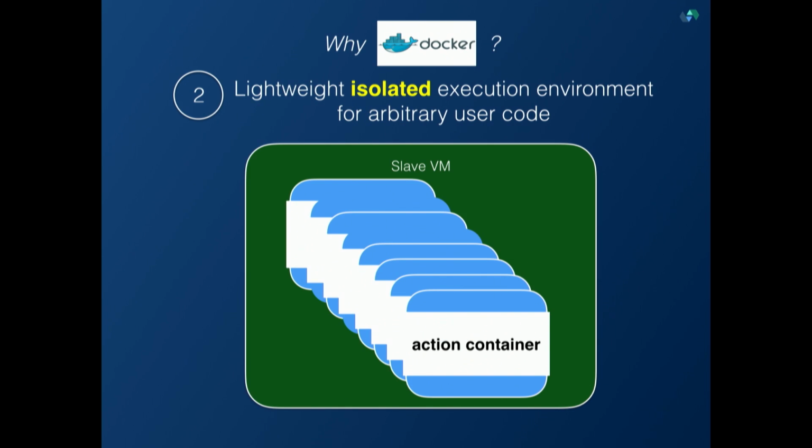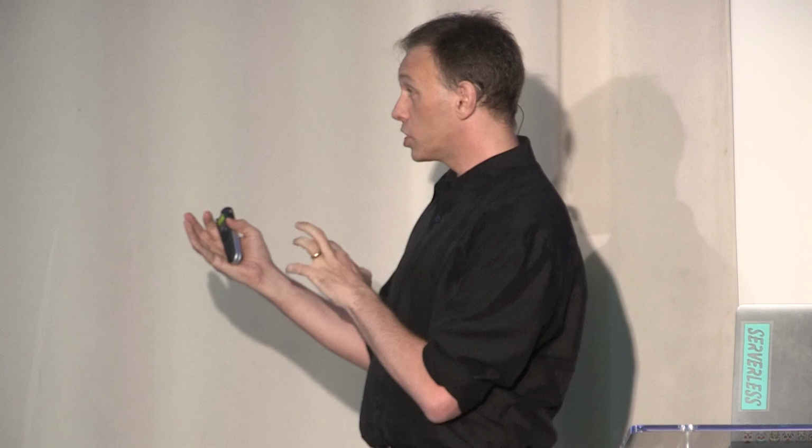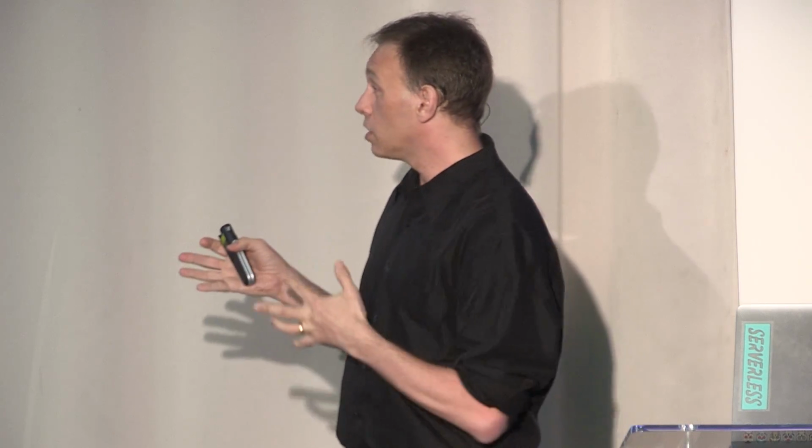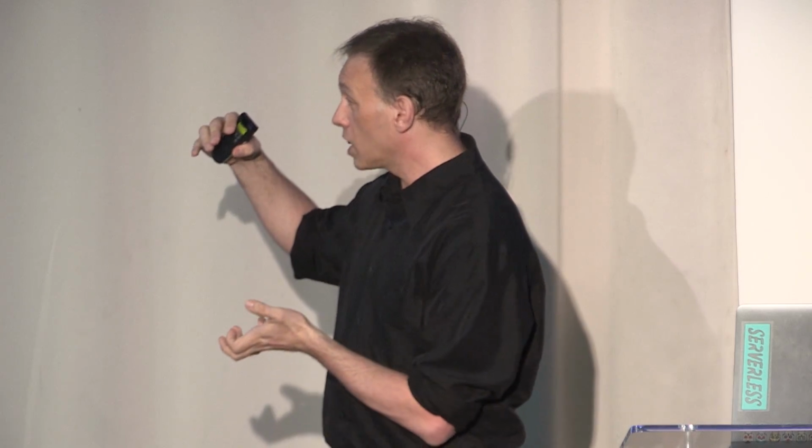We also use Docker as our container technology. When you run an action or a function in OpenWhisk, you're running arbitrary user code. We need this user code to run in an execution environment which is secure and isolated from other users. So the way we do it is each action will run in its own container, and we use Docker as the container technology for spinning up. Logically, for each action, a container gets spun up.